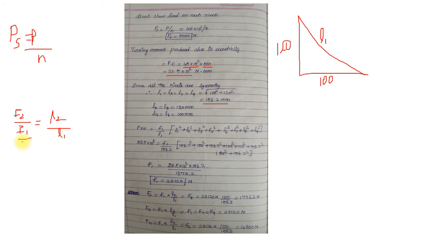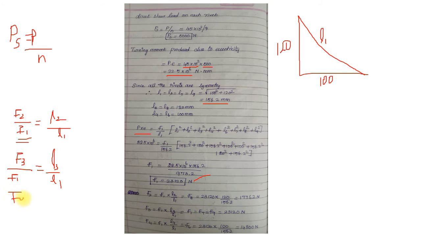So, I need to find this F1. To find this F1, I am going to equate the turning moment produced due to the eccentricity to the moment of the secondary shear force loads created. I know the values of L1, L2, L3, L4, L6, L7, L8 and L9, so I can find the F1 value. Once I have found this F1 value, I can use these formulas to find all the remaining secondary shear load values.